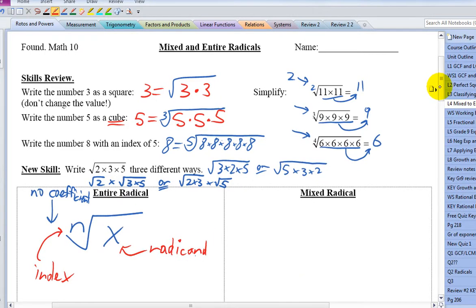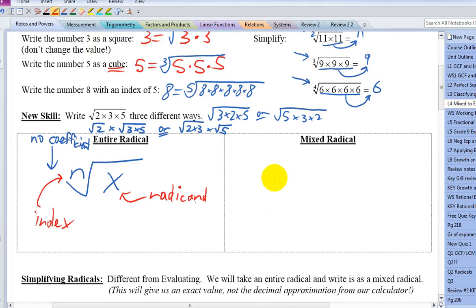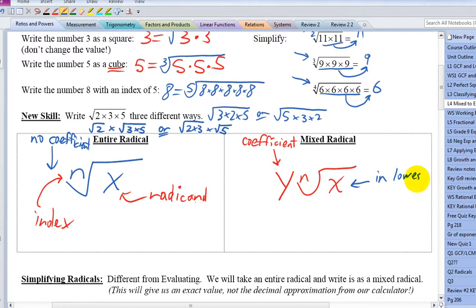Now if you have a mixed radical, now we have a coefficient. And what you want to do when you're looking at this stuff, you always want to make sure that x is in lowest terms, like a fraction.